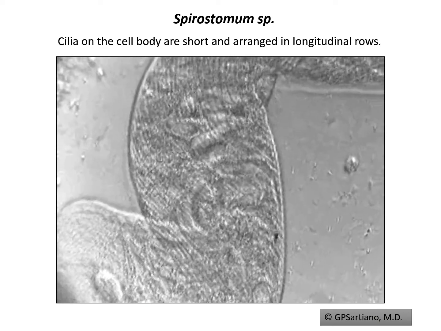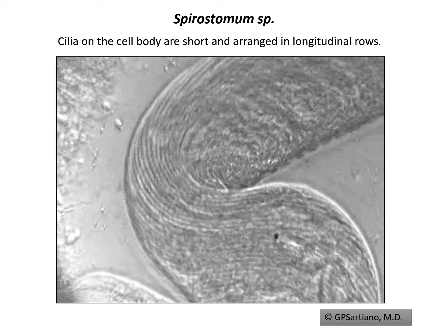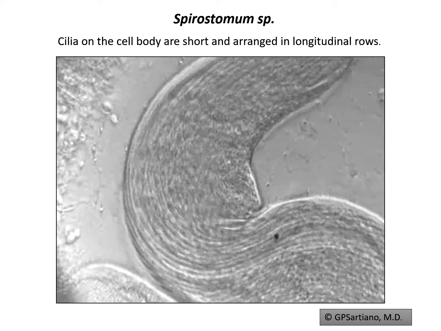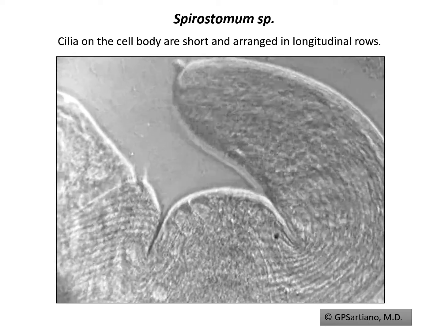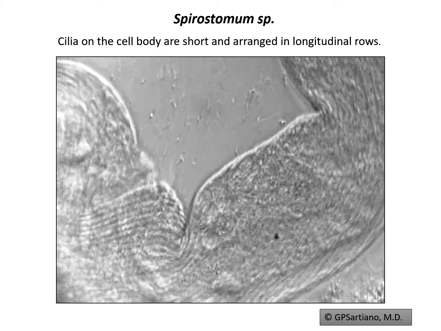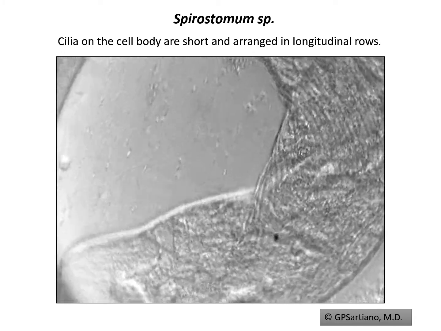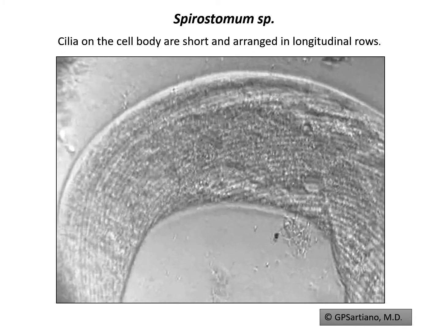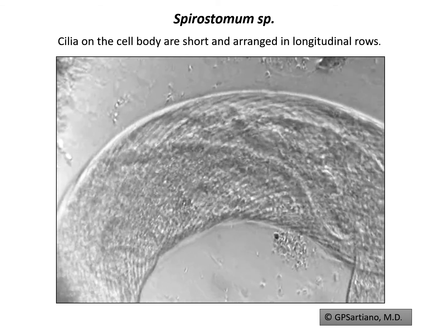The longitudinal rows of cilia are clearly visible in this moving spirostomal organism. Note that the movements and the twisting of the organism are related to subpellicular myonemes.